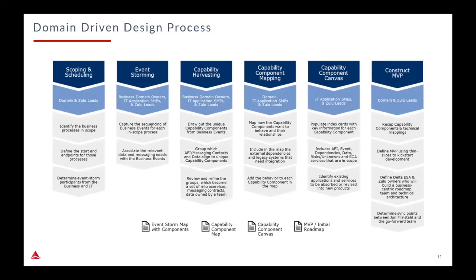Finally, we created a set of processes. This is our domain-driven design process. As we embed with each one of the domains, we came up with about 39 domains. I think as we mature through this process, we'll see that number change a little bit as an organization.